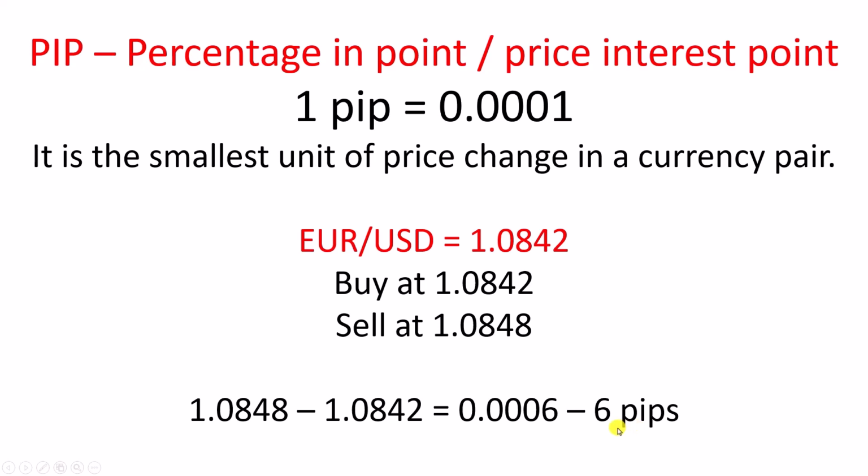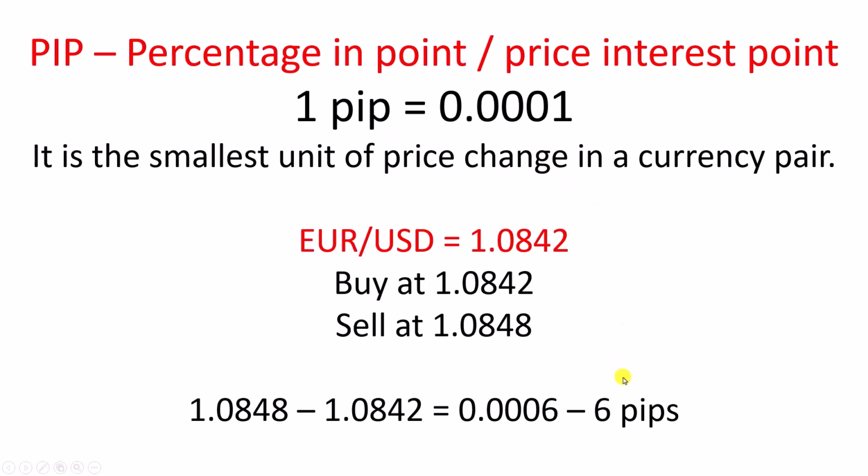So this is how you can calculate your profit or loss. The smallest unit of price change in a currency pair is called a pip, and it is used to calculate profit or loss.